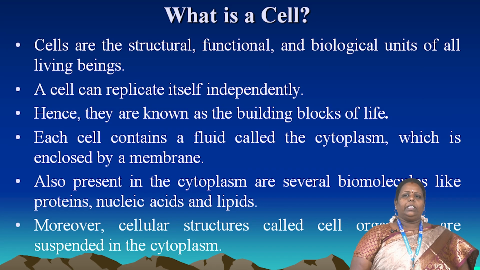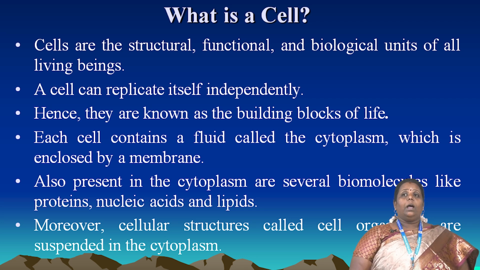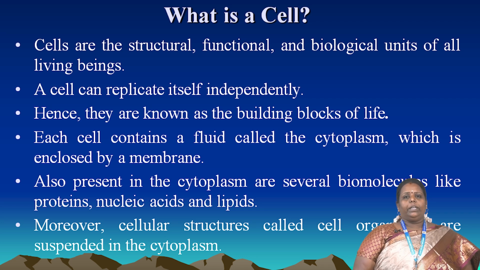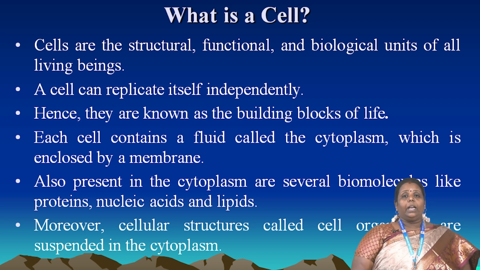The cells are the structural and functional, and also the biological unit of all living beings. Biological unit means that only in living things can we see cells and cell functions. Normally, all cells can replicate themselves independently.